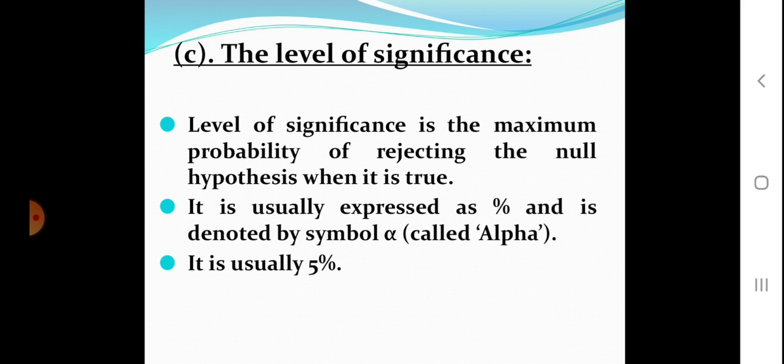The next main concept concerning testing of hypothesis is the level of significance. This is a very important concept in the context of testing hypothesis. Simply, level of significance means the maximum probability of rejecting the null hypothesis when it is true.